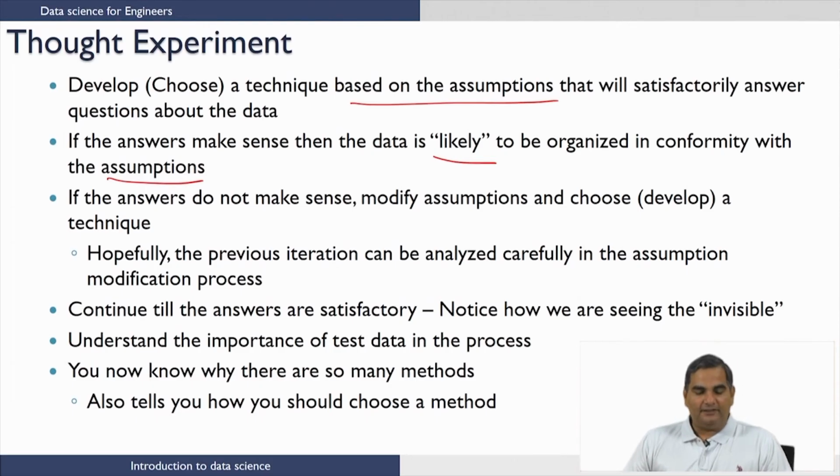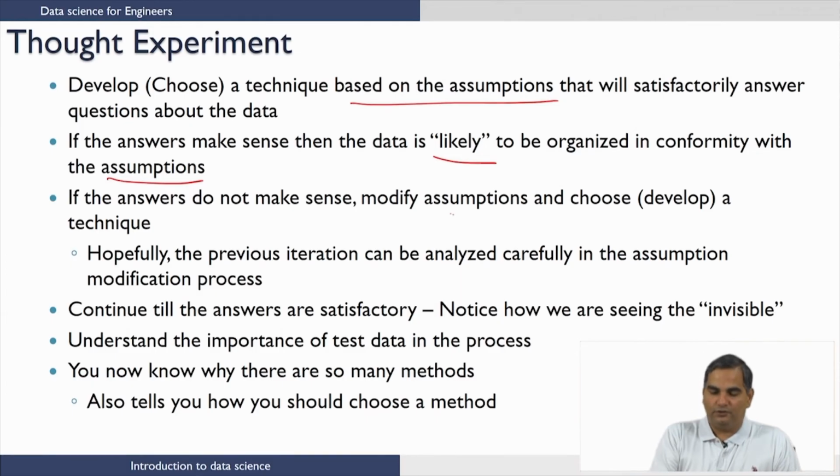If the answers do not make sense, then typically the tendency is to blame the technique. It is really not the technique that is a problem. The problem is with the assumptions that we have made, because we are not able to see this data in multiple dimensions.